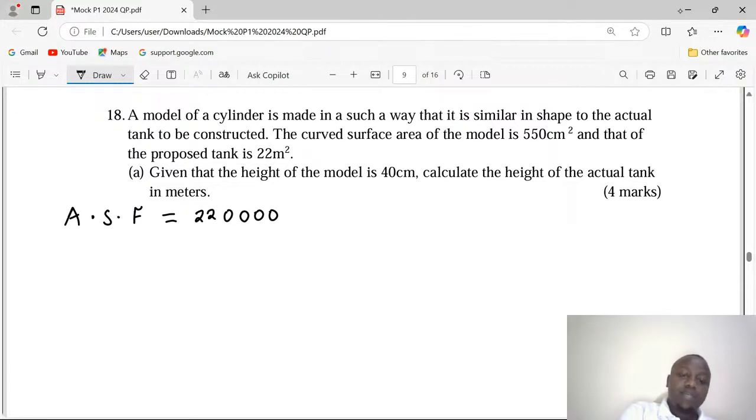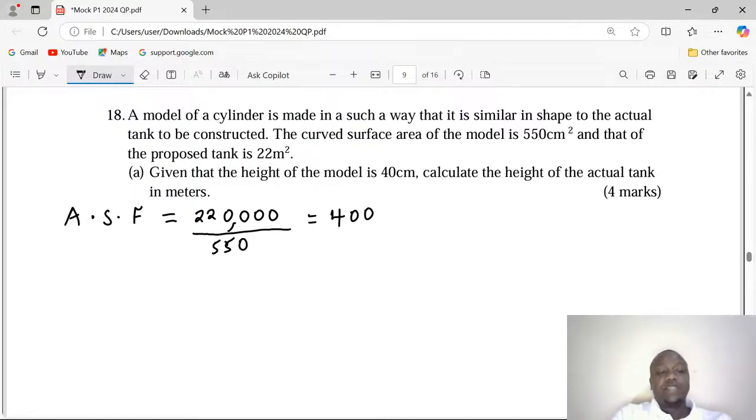I want to make them the same units, so 22 multiplied by 10,000 out of 550. 22 times 10,000 divided by 550 is exactly 400. The area scale factor is 400.